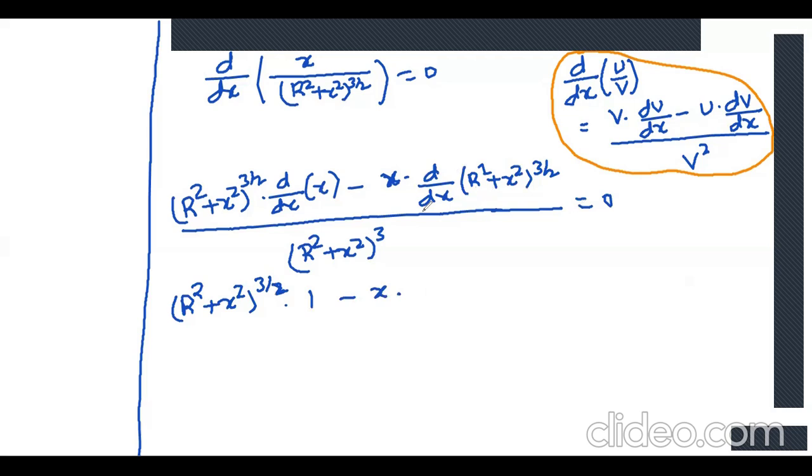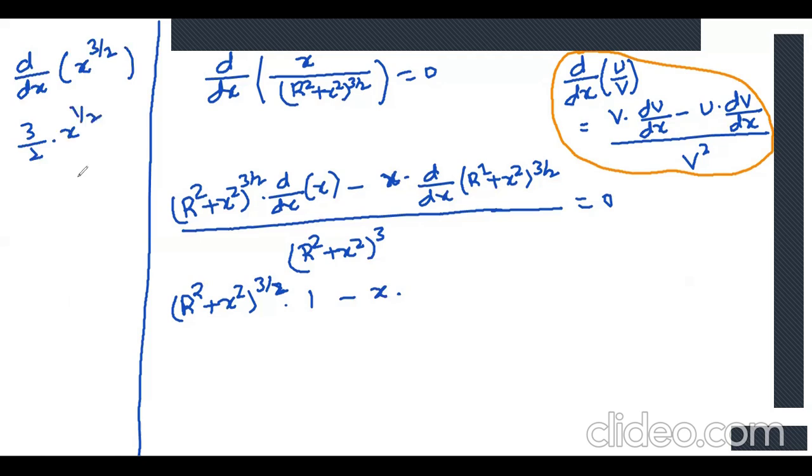Now, d by dx of (r square plus x square) whole power 3 by 2. I will consider this r square plus x square as x. That is d by dx of x power 3 by 2, which means 3 by 2 into x power half.